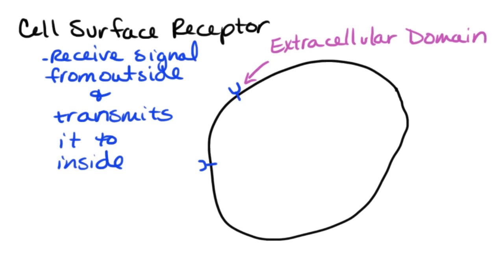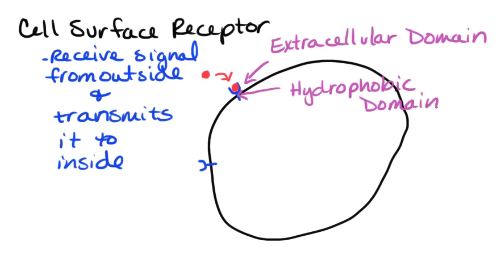So here we would have this ligand that comes in, and it's going to bind very specifically into the extracellular domain. Another part that we have is the part that actually crosses the membrane. So this is going to be a hydrophobic domain because it has to be hydrophobic if it's going to span the membrane. So this is just what's going to anchor it there in the membrane.